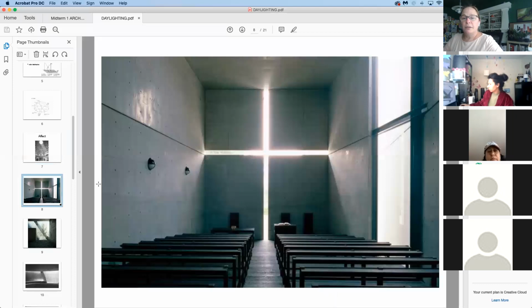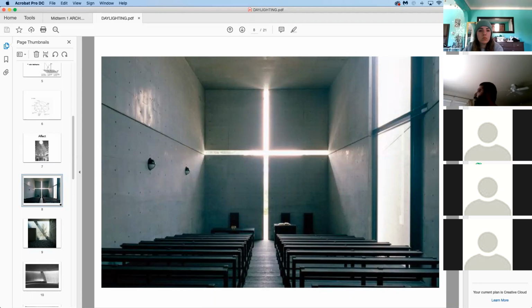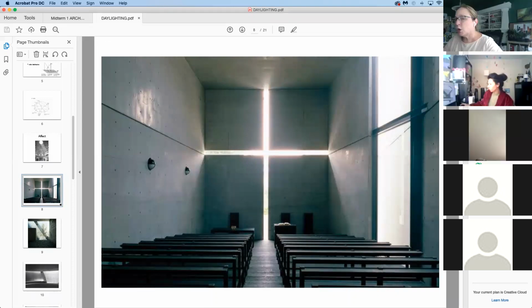Is anyone familiar with what this building is? Is that by Tadao Ando? Yes, it is. Good. I believe it's called the Church of Light. It's in Kobe, in Japan, and I think this is just another amazing example of how to harness the sun as a design opportunity.